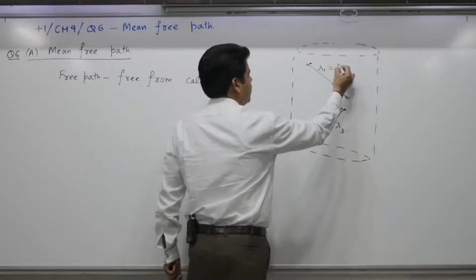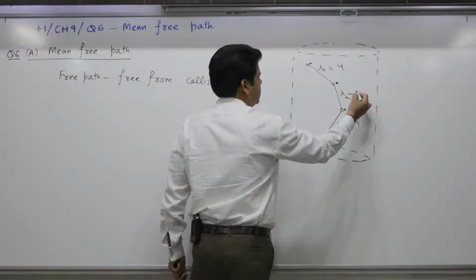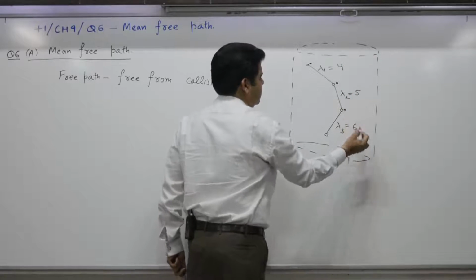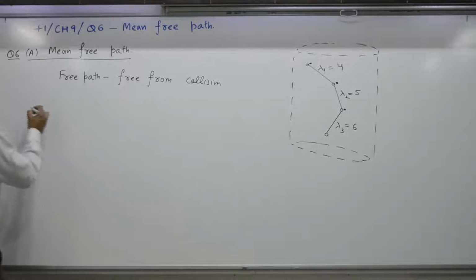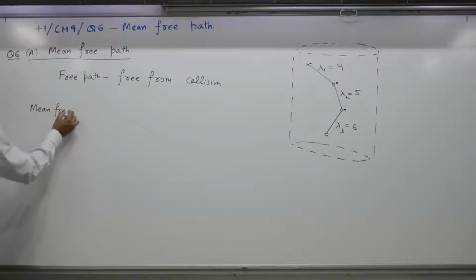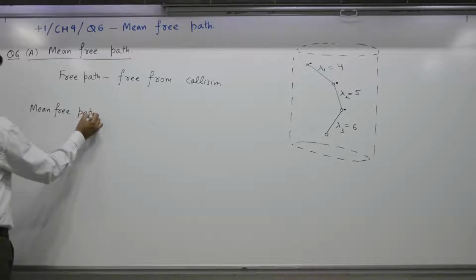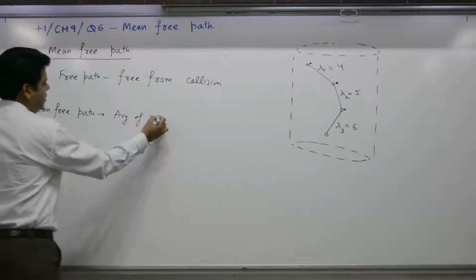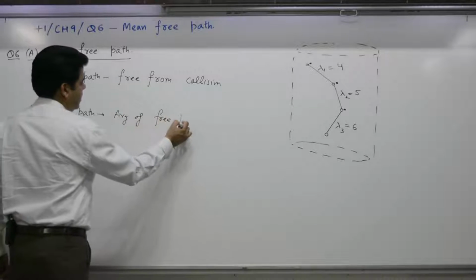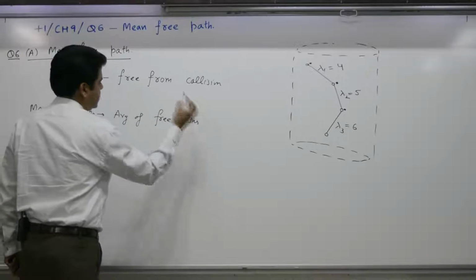Suppose lambda 1 is 4 units, lambda 2 is 5 units, lambda 3 is 6 units. So what is the average or the mean free path? Mean is the average of the free paths.